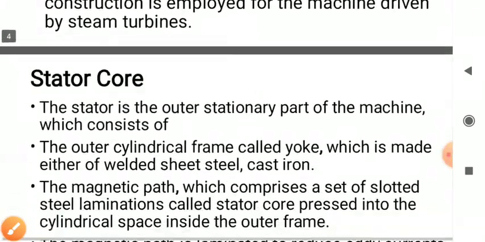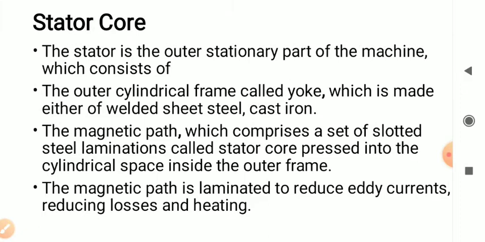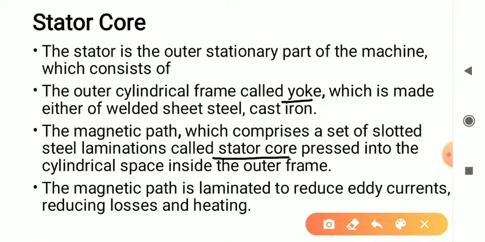Now let me discuss in short the construction of the synchronous machine. First we will discuss the stator. The stator is the stationary, outer part of the machine, which consists of the frame called the yoke and the stator core, whose main function is to provide the path for magnetic flux, along with the winding housed in the slots of the stator.